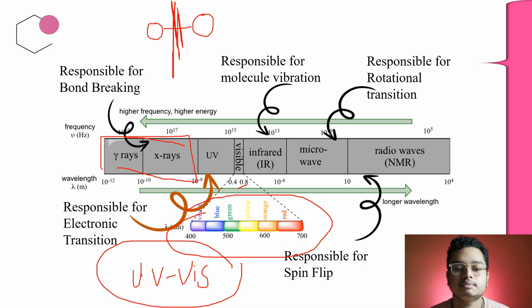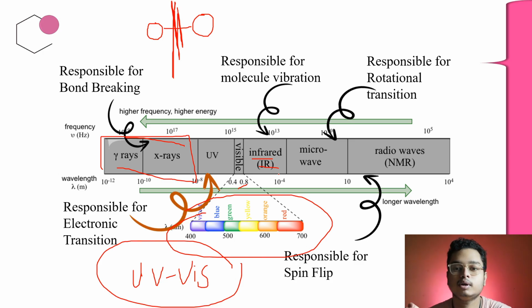Now infrared spectroscopy has a higher wavelength, and since it has a higher wavelength, it has lesser energy compared to UV and visible. That's why it is not able to do electronic transition, because the energy gap for electronic transition is much higher, but it shows molecular vibration.